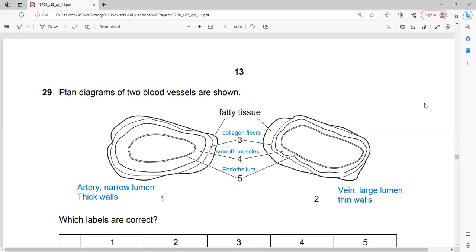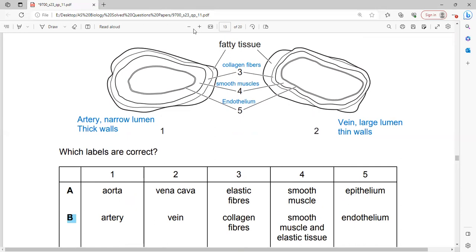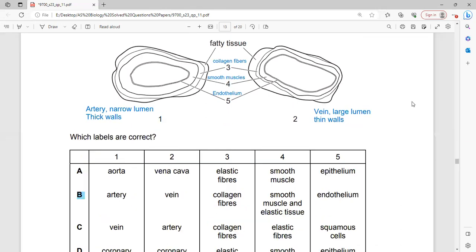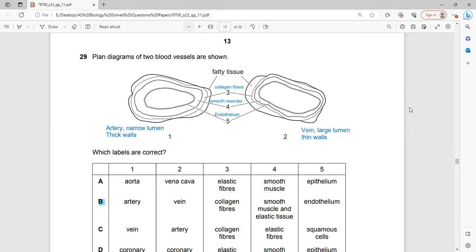These smooth muscles are thicker in the artery and comparatively thin in the vein, while the endothelium is present in both. So the correct option will be: number one is the artery, number two is the vein, number three is collagen fiber, number four is smooth muscle, the next layer, and number five, present in both, is the endothelium.